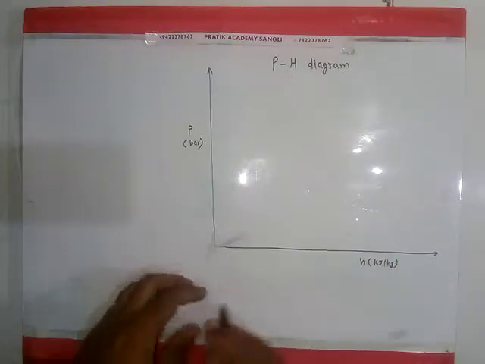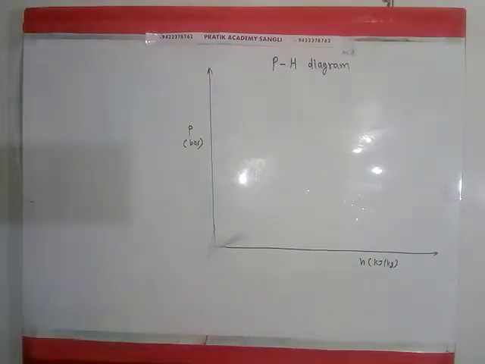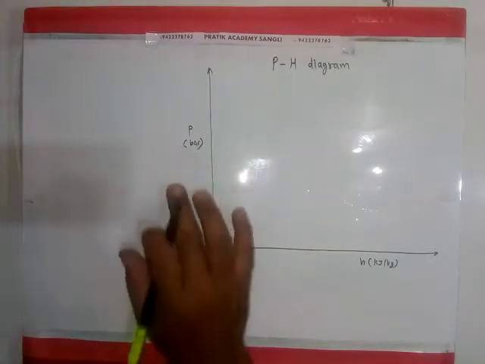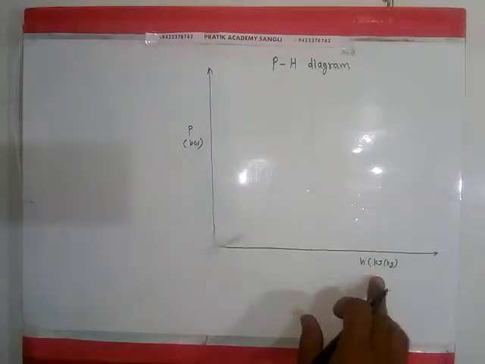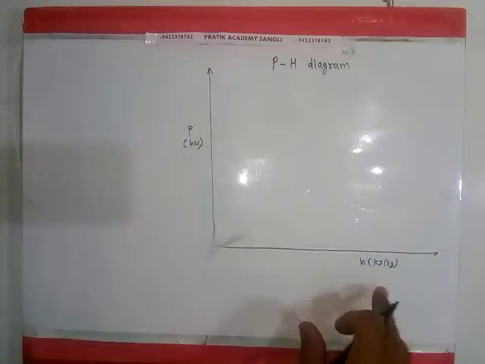Pressure values are given in bar here, and enthalpy values are expressed in kilojoule per kg.